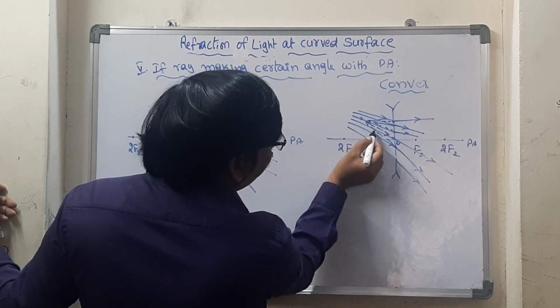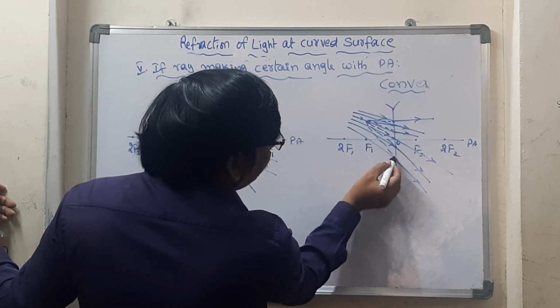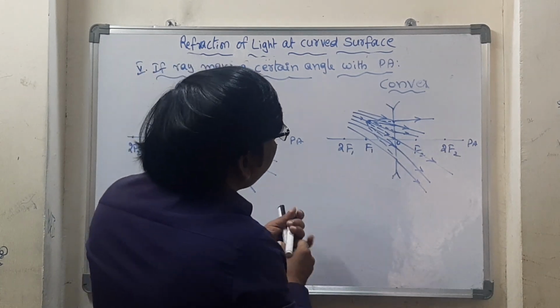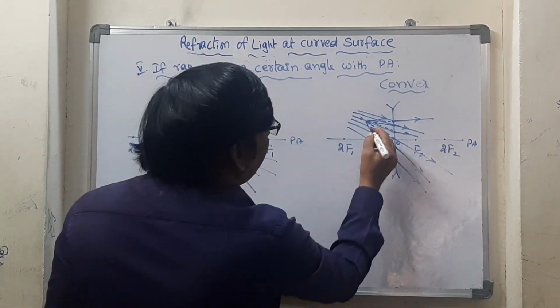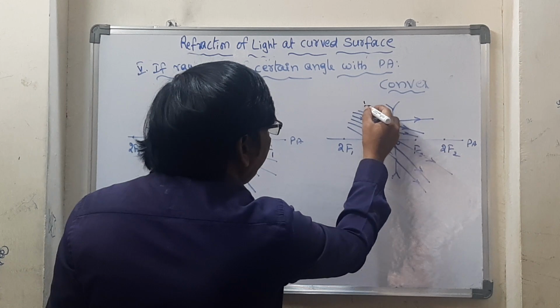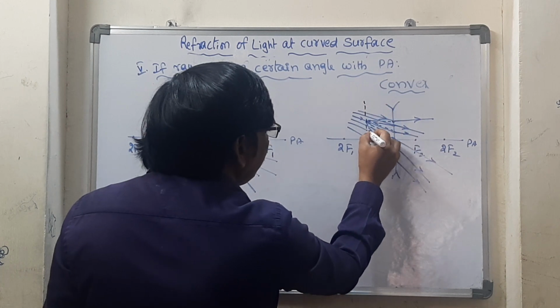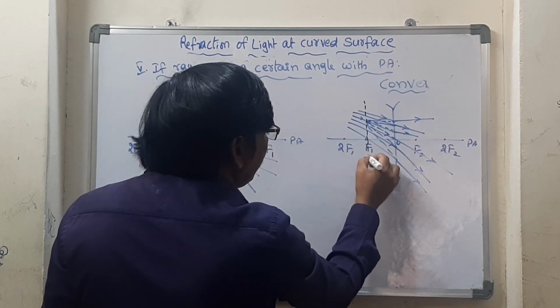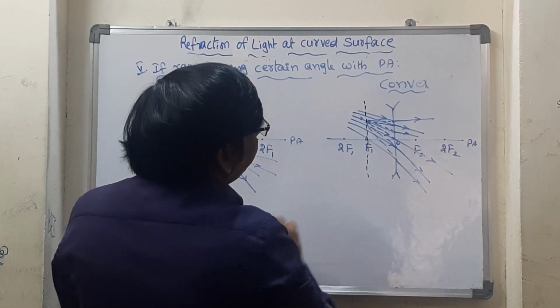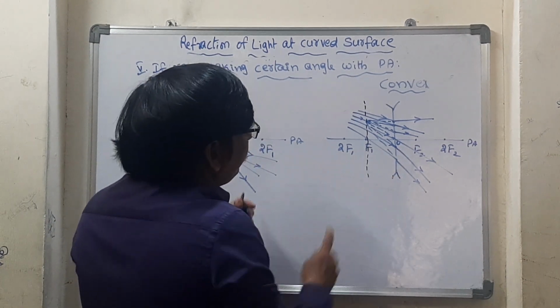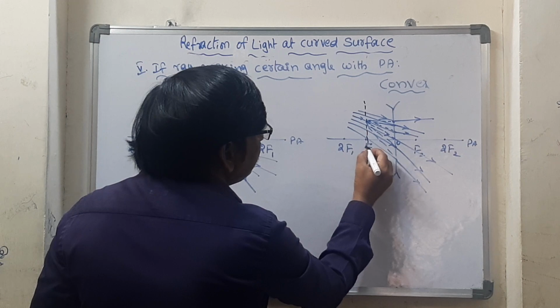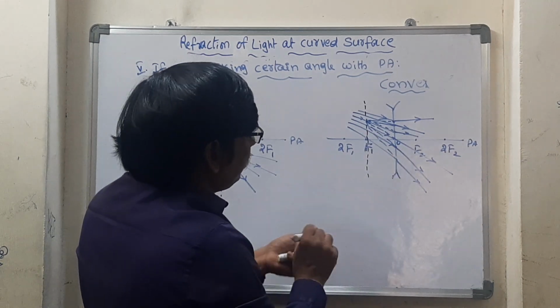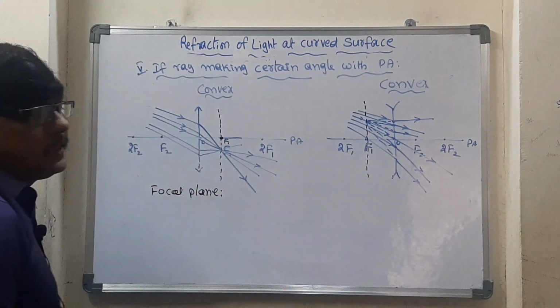Then what will happen? Did you notice that? You can notice these all rays appear as meeting at one place. This is the place where all the refracted rays appear as meeting.